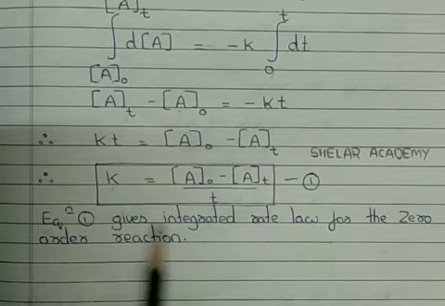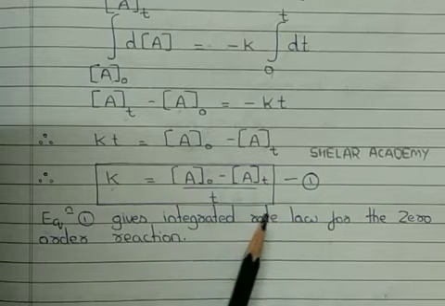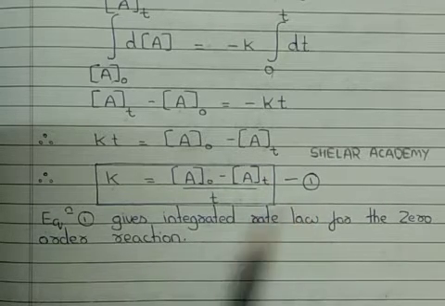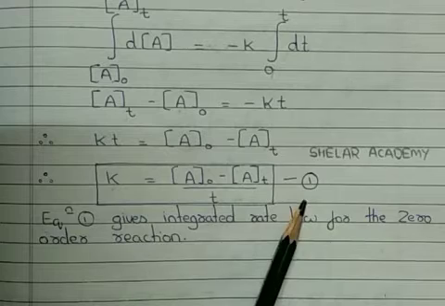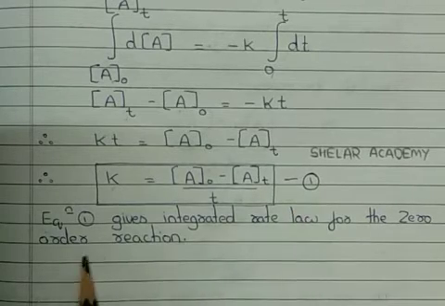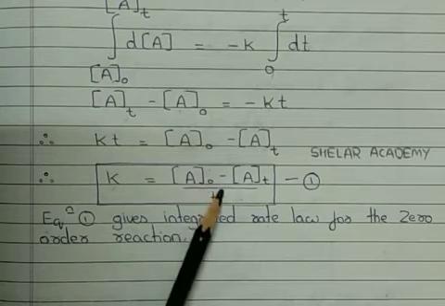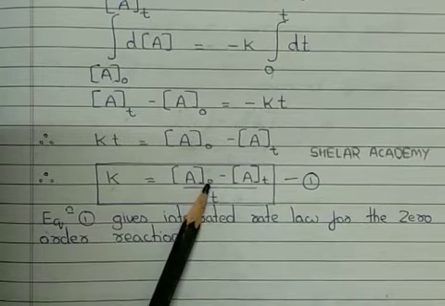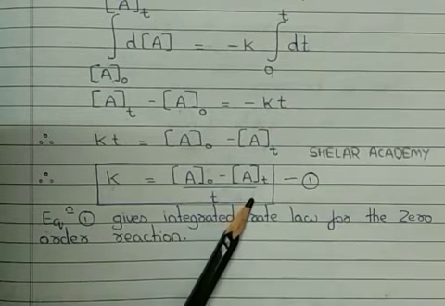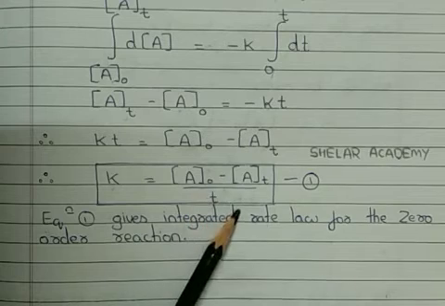This is our integrated rate law equation for zero order reaction. So equation 1 gives the integrated rate law for zero order reaction, that is k equal to concentration of A at time 0 minus concentration of A at time t upon time t.